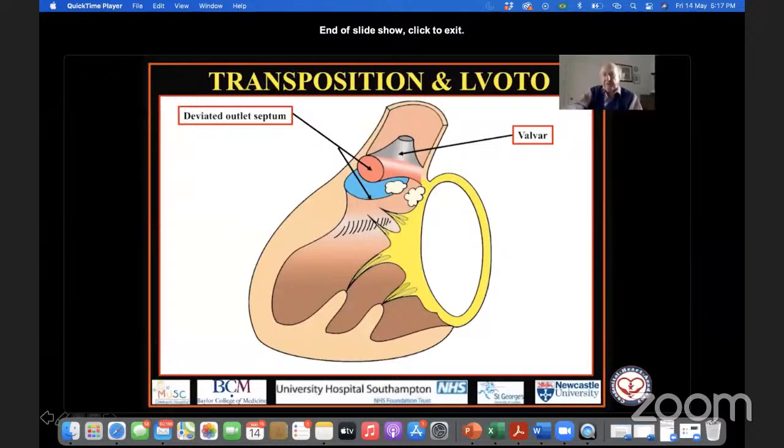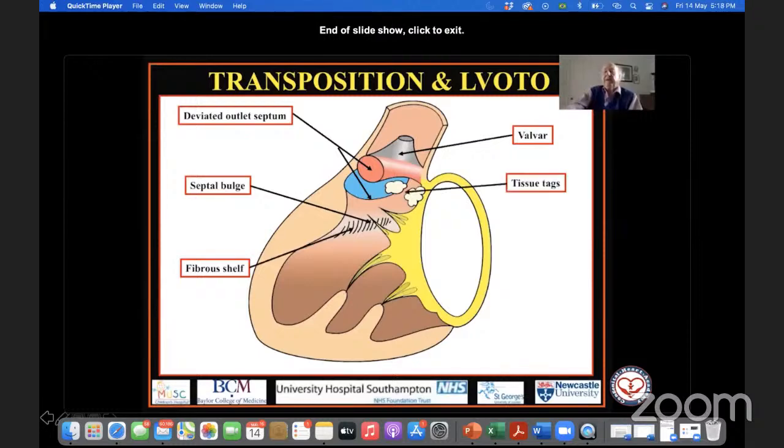So we're going to show you an example of that posterocaudal deviation of the muscular outlet septum. When you have an intact ventricular septum, then septal bulge is often the major problem, and that can be made worse by a fibrous shelf. Diane's going to show you a nice example of an aneurysmal tissue tag.